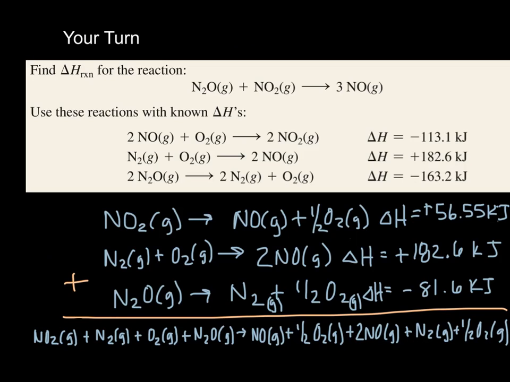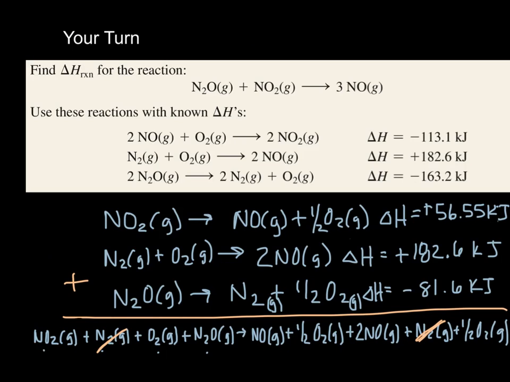So our nitrogen dioxide I brought over, nitrogen gas, oxygen gas, dinitrogen oxide, everything I brought down. So now we can see what cancels. If it's the same on both sides of the equation, we can cancel it out to make sure it matches our final equation. So I have 1 nitrogen gas in the reactant side, and I have 1 nitrogen gas in the product side.